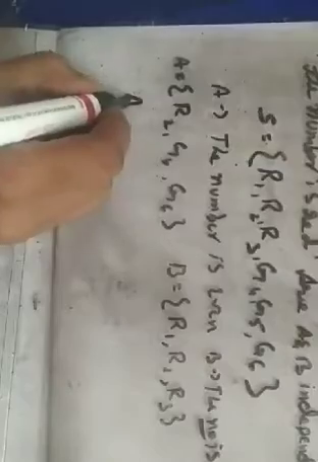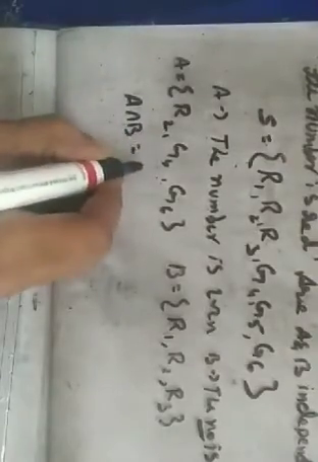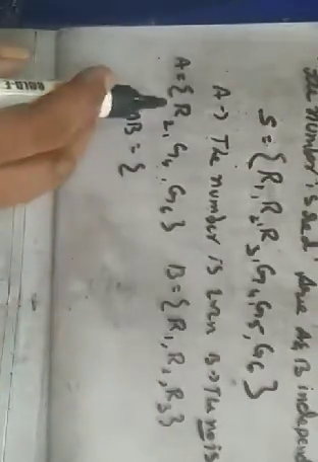What is the B event? B event: the number is red. Only the red numbers. R1, R2, R3. What is the intersection? Intersection is red 2.